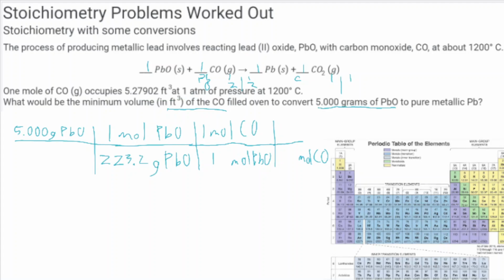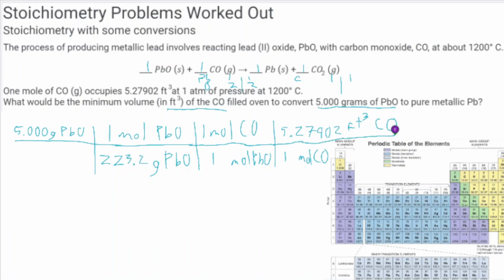So we have a bunch of extra numbers in here, but the one that's actually important is this one, and it's for every 1 mole. So we're going to say for every 1 mole of CO, we have 5.27902 cubic feet of carbon monoxide.